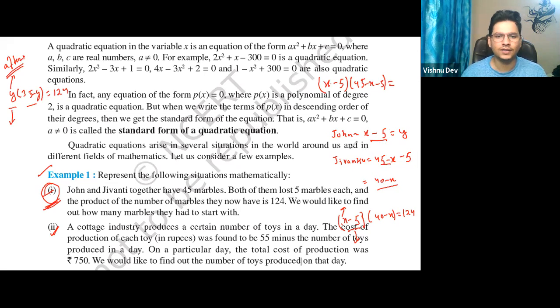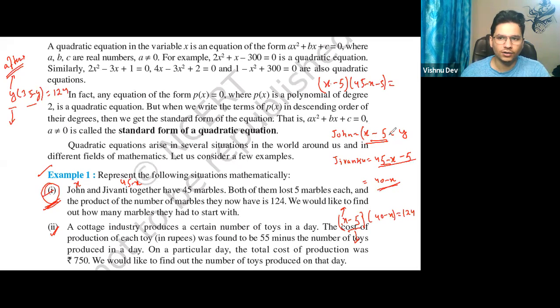So see, here, if you consider John's initial marbles as x, then Jivanti's initial marbles will be 45 minus x. So after losing, John will have how many marbles? x minus 5, right? And Jivanti will have 45 minus x minus 5, which is 40 minus x, right?